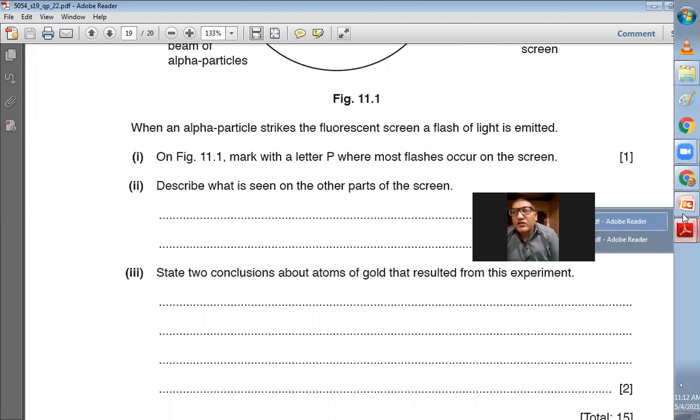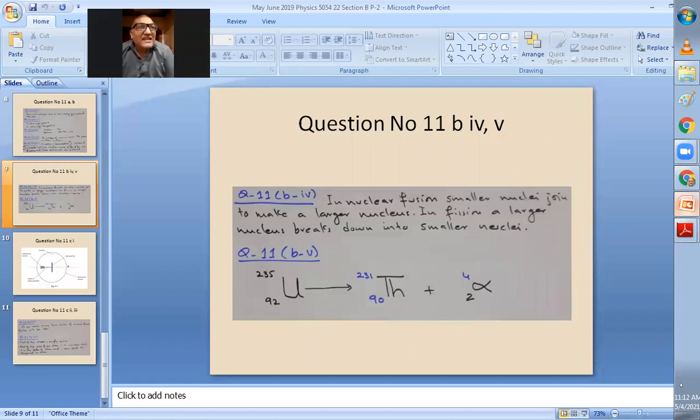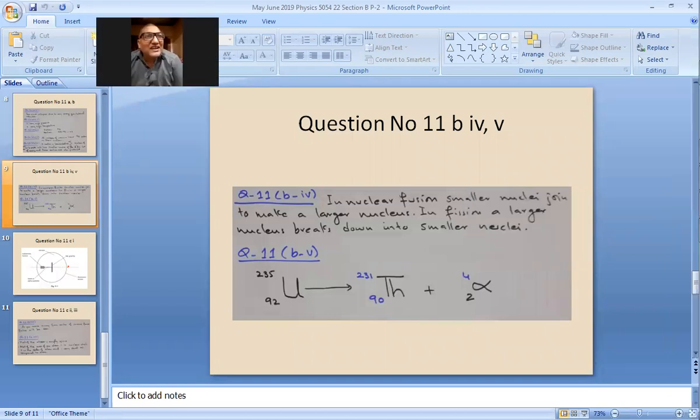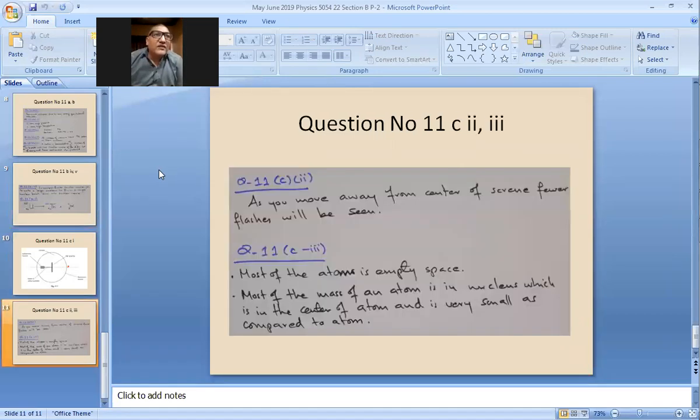During this experiment, an interesting thing they observed is that when they pass the alpha particles through the gold foil, most of the alpha particles go straight, undeflected, as if there is nothing in their path. So most of the alpha particles will go straight and strike at this point. Let me call it P. Hopefully you have understood.